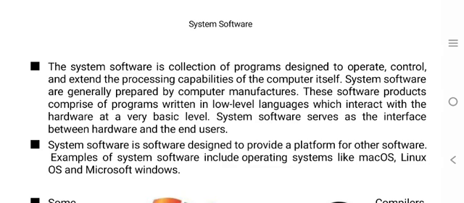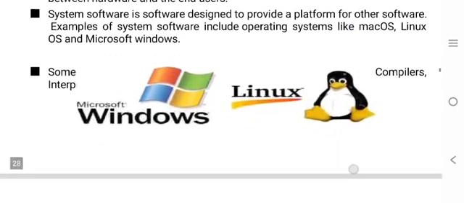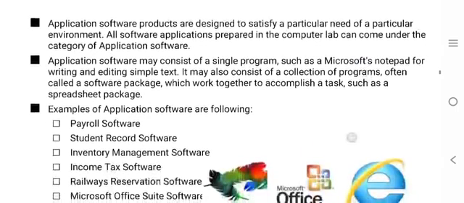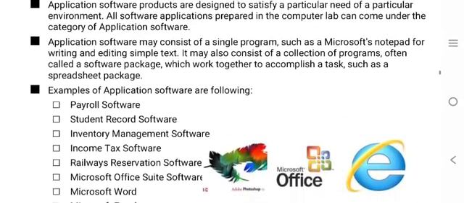For example, it includes Windows, Mac OS, and Linux. And application software helps the user perform specific tasks, like Microsoft Word for writing, Excel for spreadsheets, and PowerPoint for presentations. Without system software, the application cannot run, and without application, the system has no use for the user.